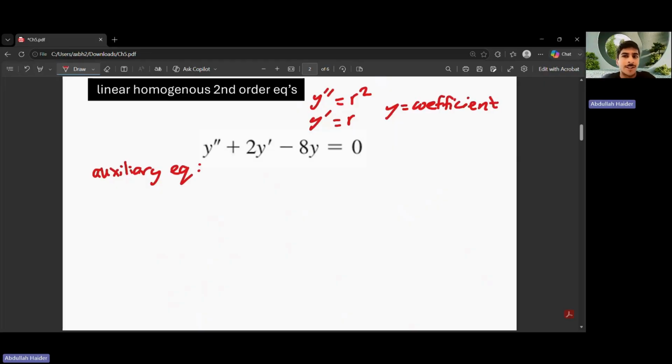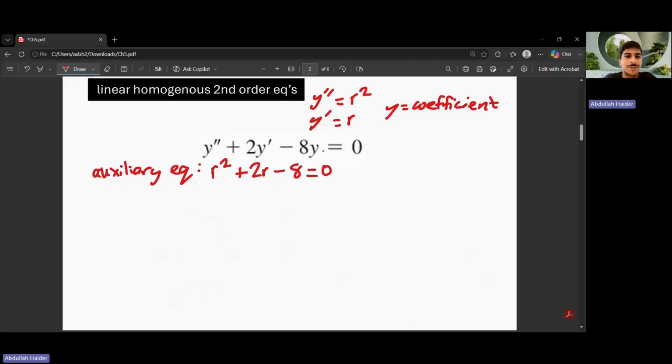Whenever you are asked to find the homogeneous solution, what we always do is find the auxiliary equation, which is this equation in terms of r squared and r and the coefficient. So if I write this, it would be r squared plus 2r minus, the number beside y will be the coefficient, so it is minus 8, equals 0.